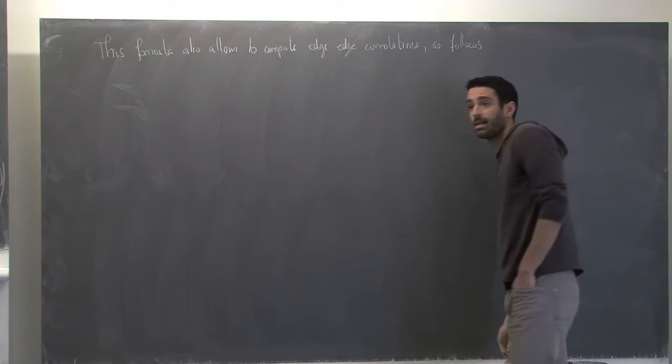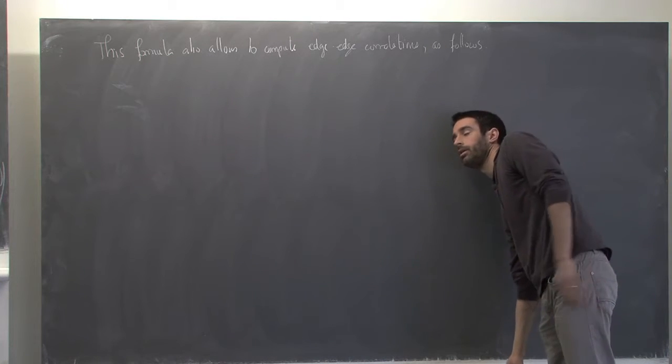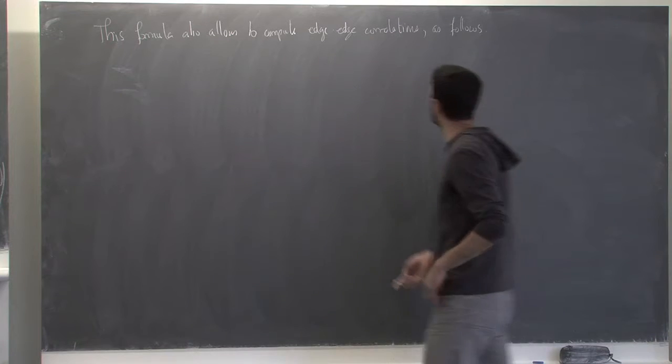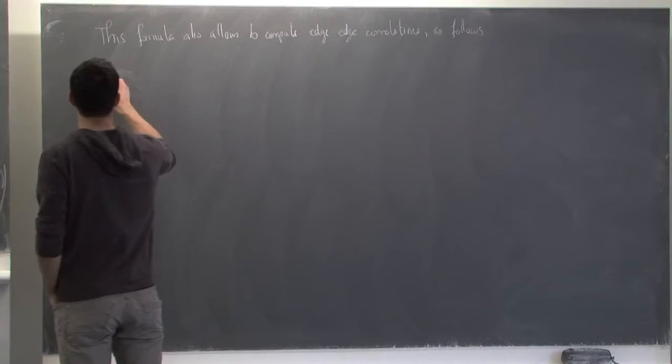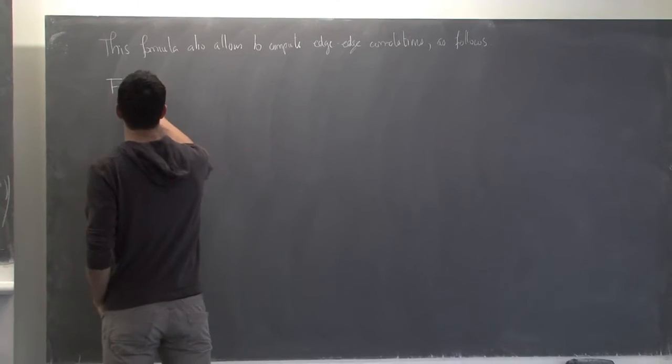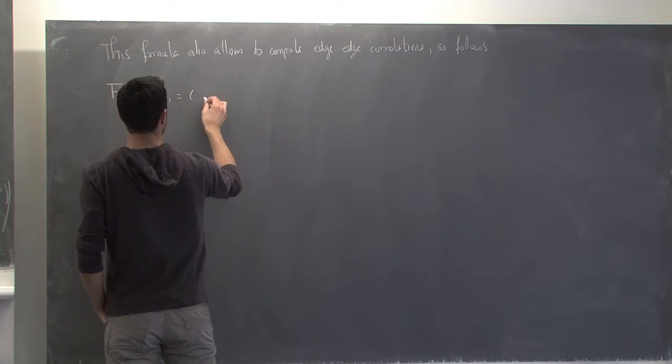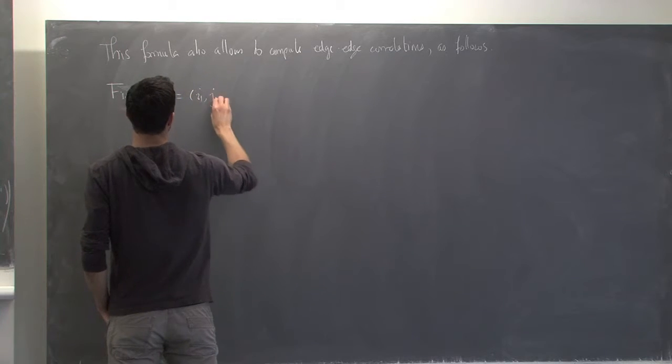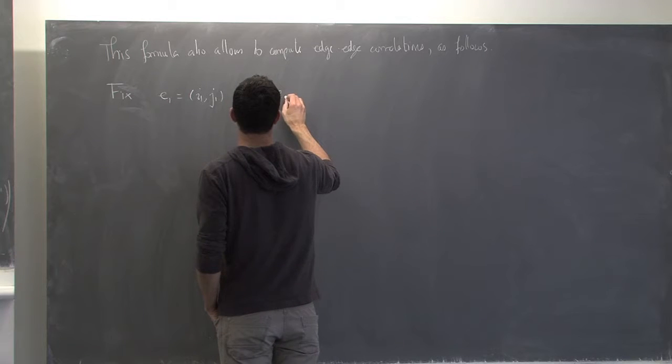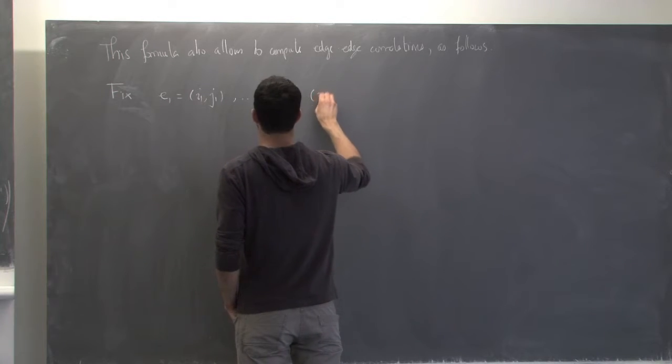The formula is not as nice as in the planar case. This time it's really not so nice, but it works. So let's say that we fix, what were my notations? E1 like this, EK some edges.